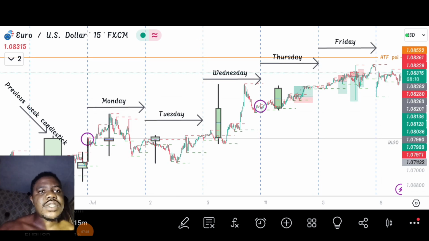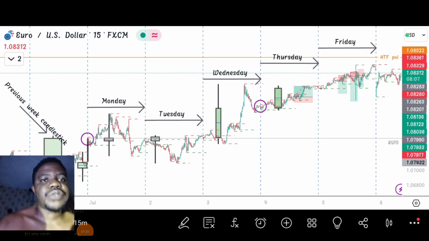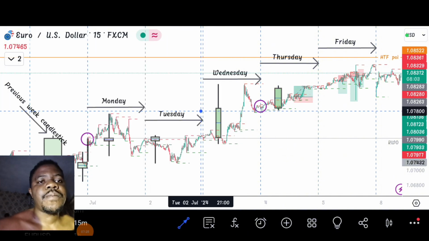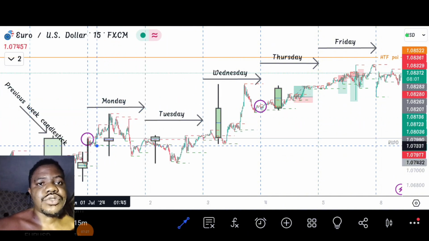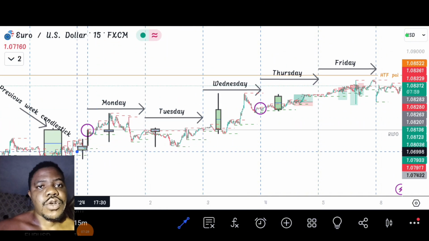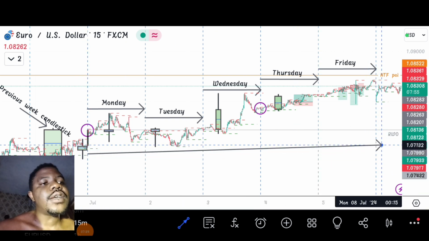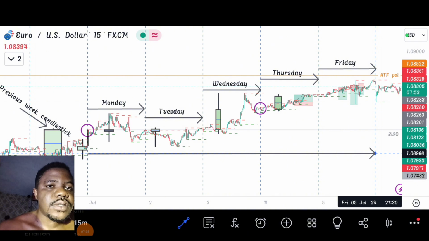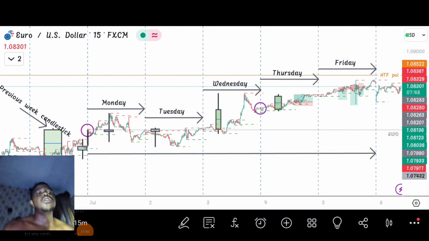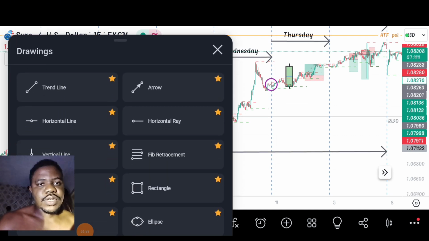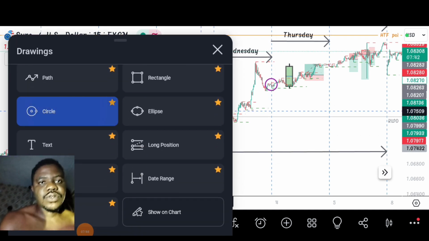We want to see the lowest point price traded from Monday till Friday, which is the lowest point where price traded from Monday here till Friday being here.